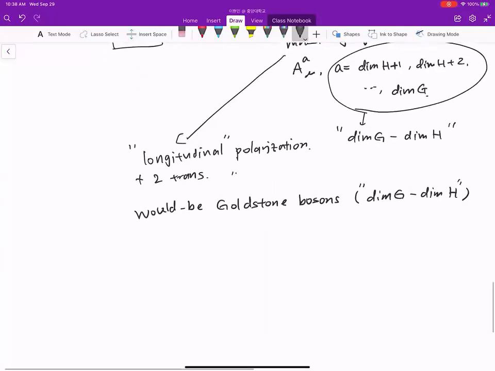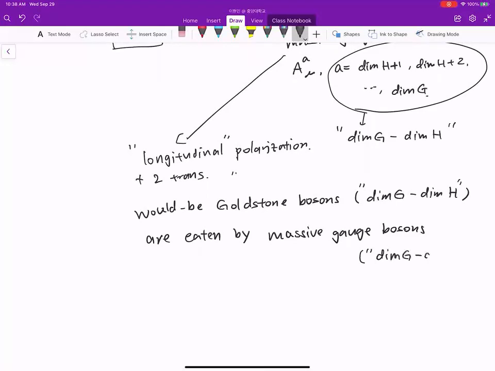But these would-be Goldstone bosons are eaten by the massive gauge bosons. So the number of massive gauge bosons is the same as the number of would-be Goldstone bosons. These are not Goldstone bosons. When you think about Goldstone bosons in global symmetry, they are physical degrees of freedom.